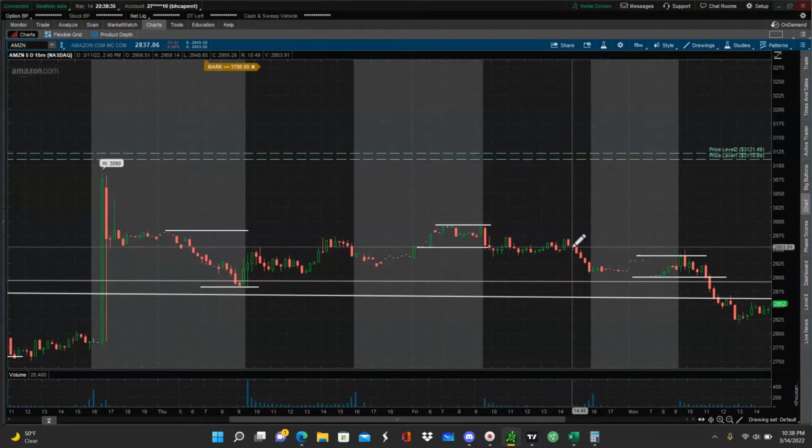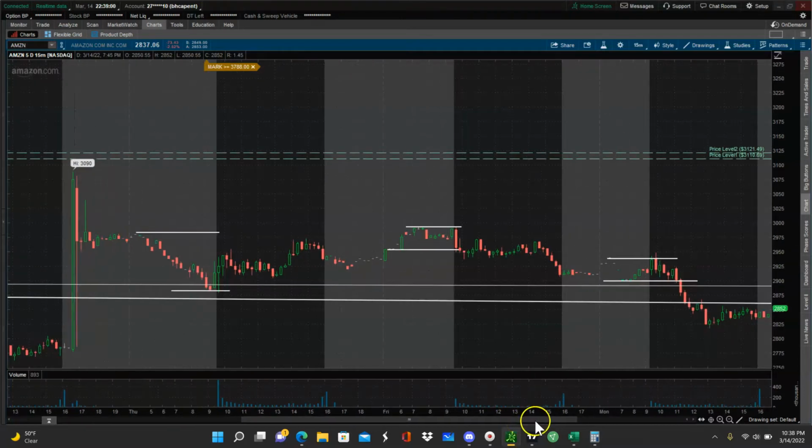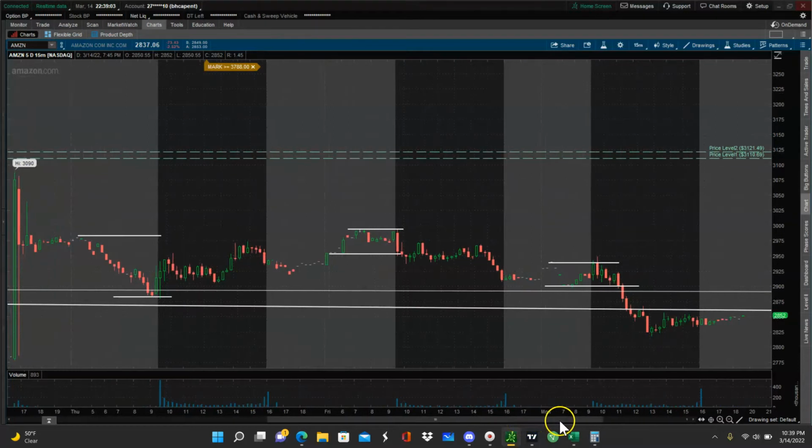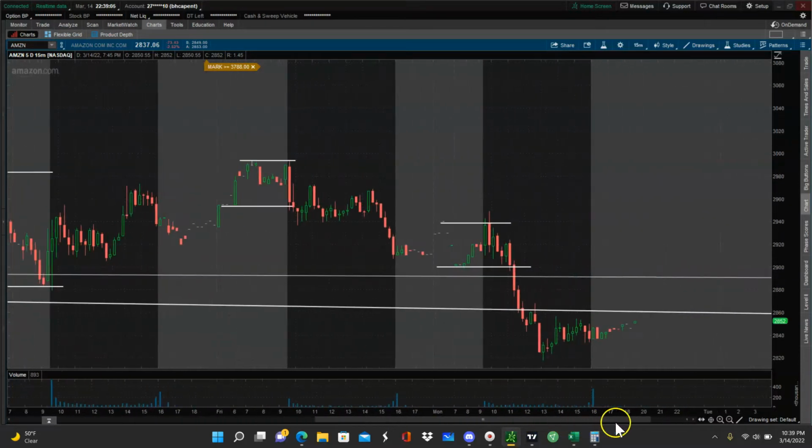And then close to the end of the day, going into power hour, the price finally broke down that pre-market resistance and hit that new low of day. So a nice move. And that was Friday on Amazon once it broke that 2950s area and actually moved down about a 50-point move down in a little over an hour.